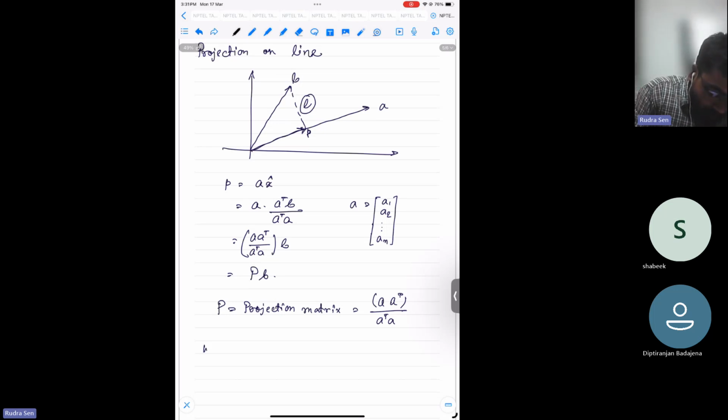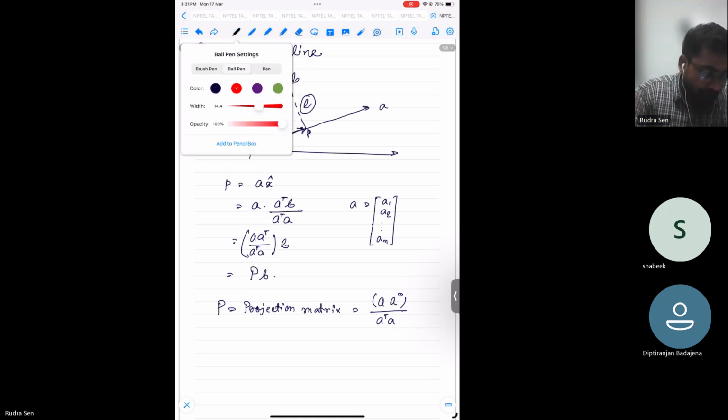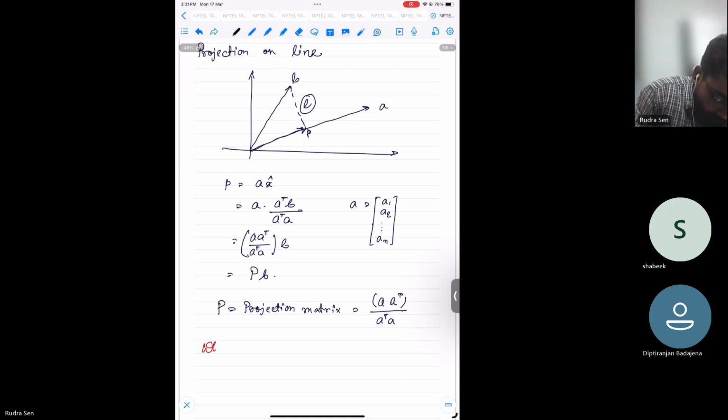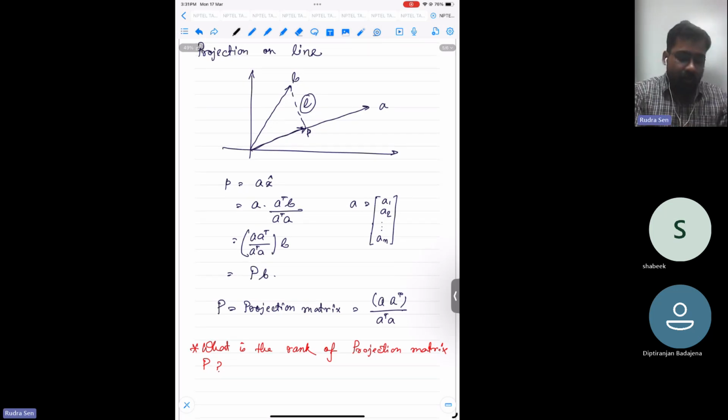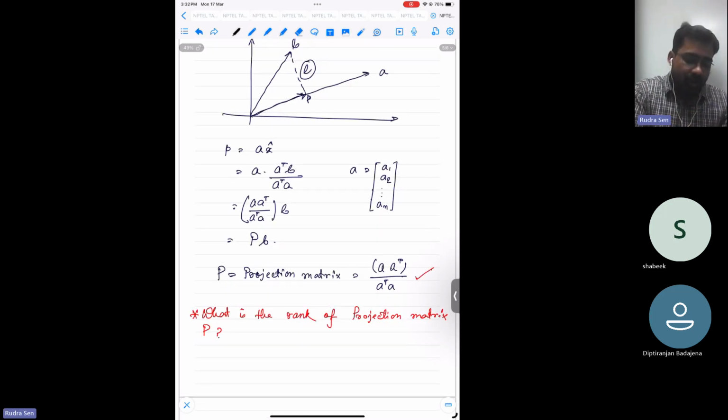So for that case, the question to you is: what is the rank of the projection matrix P for this particular case, when we project any vector onto a line?